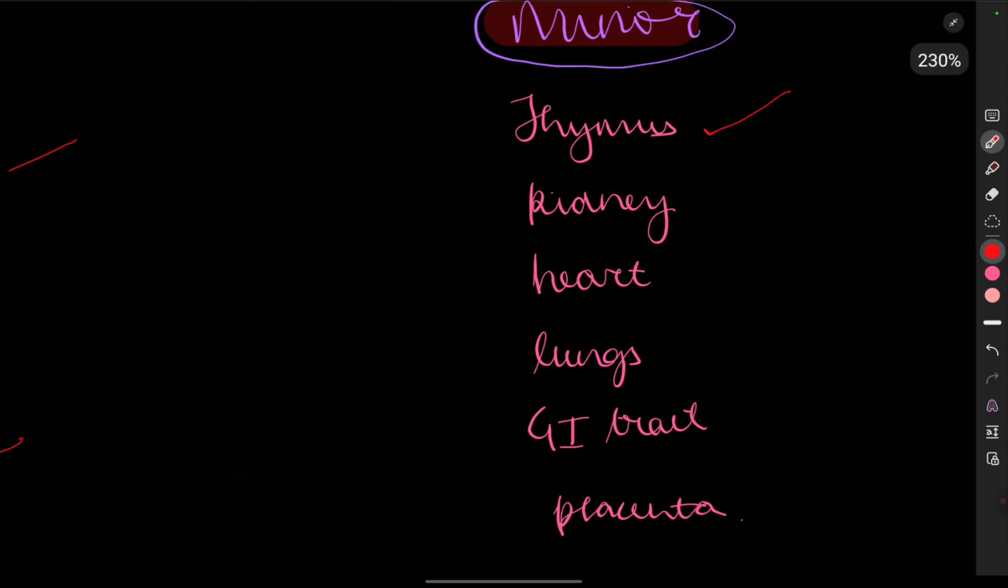Now the minor ones are the thymus. The thymus is a minor endocrine gland. Kidney, as it releases erythropoietin and renin as well. The heart also releases hormones. The lung releases hormones, the GI tract, and the placenta.